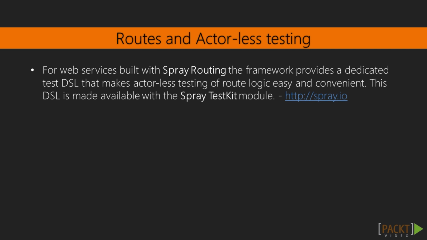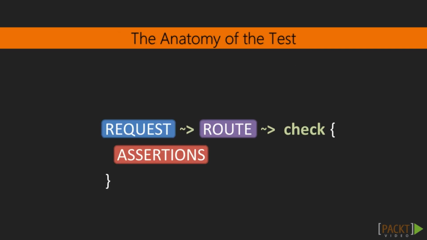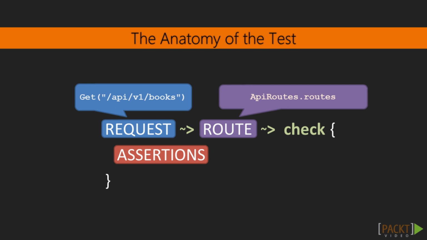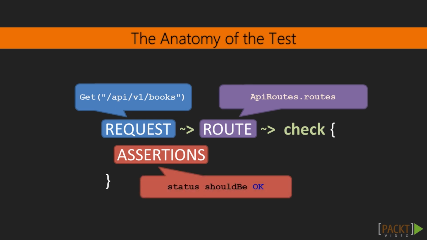To accomplish this, Spray Test Kit provides a very concise DSL for testing Spray routing applications in an actorless environment. The typical Spray Test Kit test consists of three main parts: a request against a particular URI or route, routes to match requests against, and one or more assertions on the expected response.